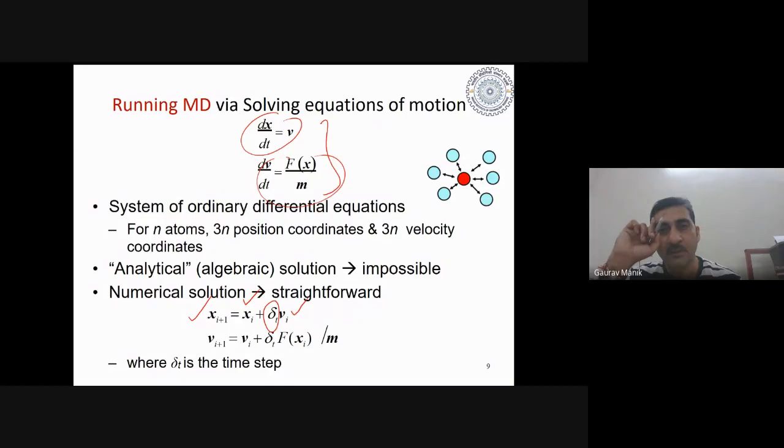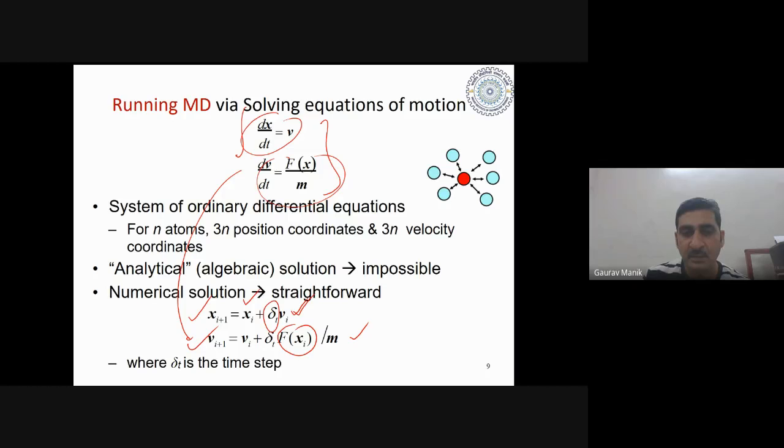Okay, so we've integrated it between iteration i and i plus 1, and that's what you get as the final equation. Likewise, you may integrate and get the equation for the velocity at the next step, which is governed by the forces acting on the particle at the previous step. So these are the standard equations that you tend to use.